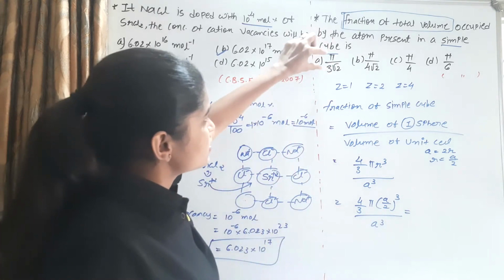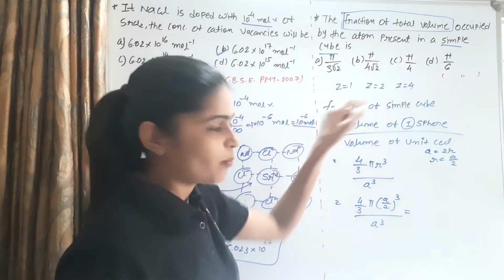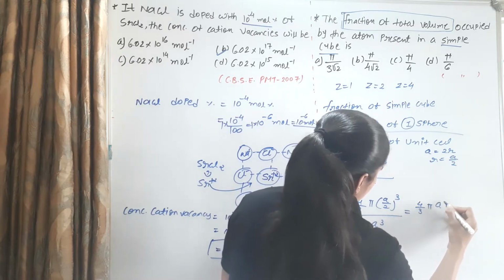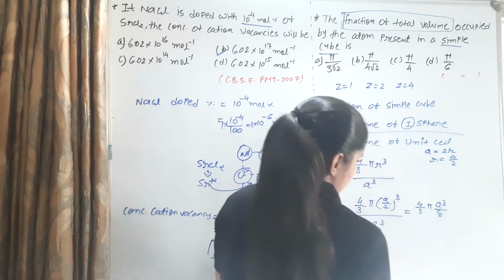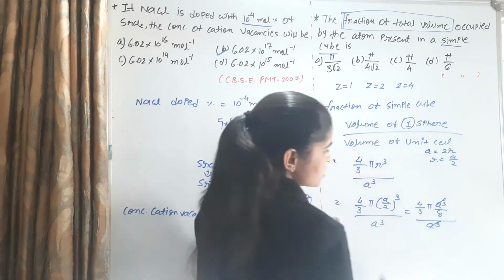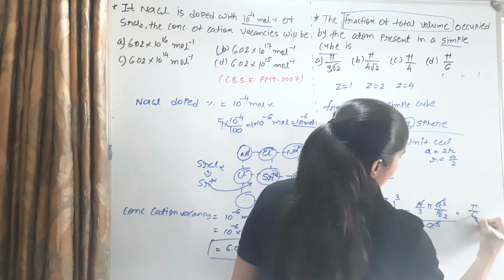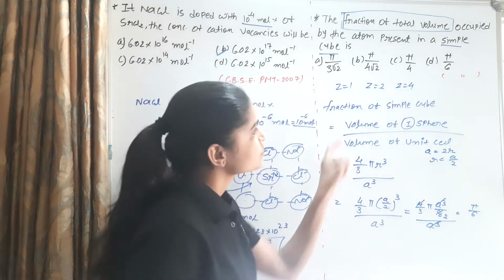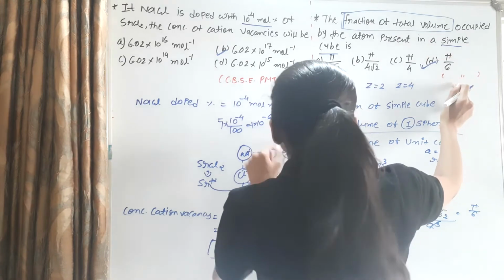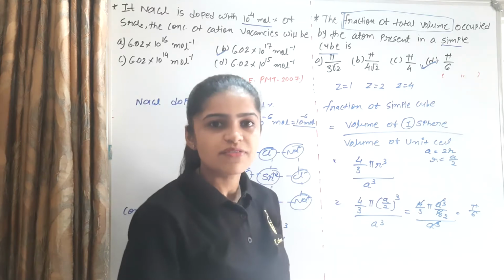We answer in pi form: 4 by 3 pi a cube divided by 8 a cube. A cube cancels out, 4 into 2, so the answer is pi by 6. That is the right answer, pi by 6. It was also asked in CBSE PMT 2007.